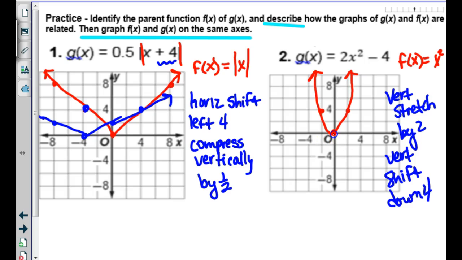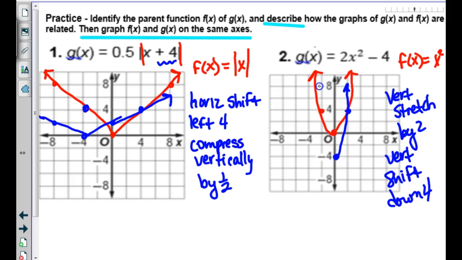So I can't stretch 0. I'm just going to move it down 4, because 0 times 2 is still 0. All right, but this was up at 4 above the x-axis, but if I double that, it would be up at what? 8, but I also shifted it down 4, so it's actually going to be here, just going up faster.